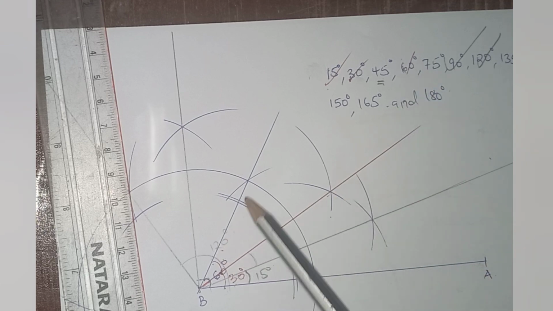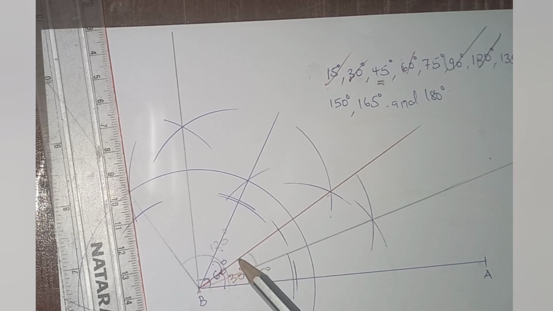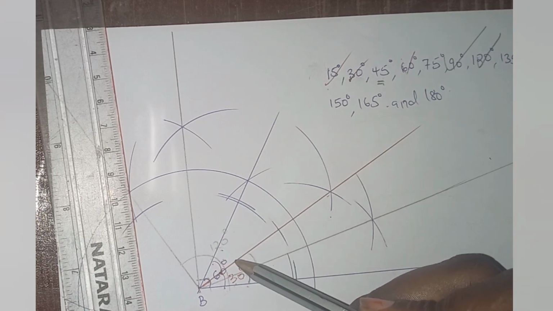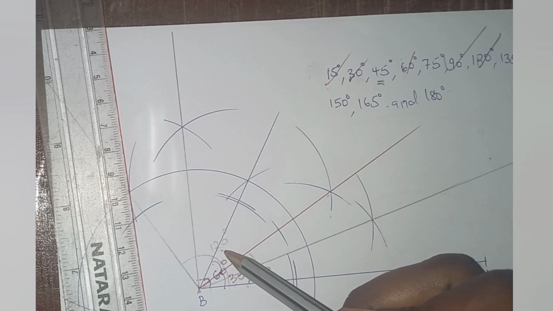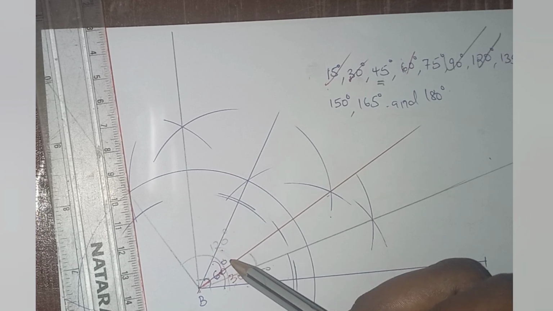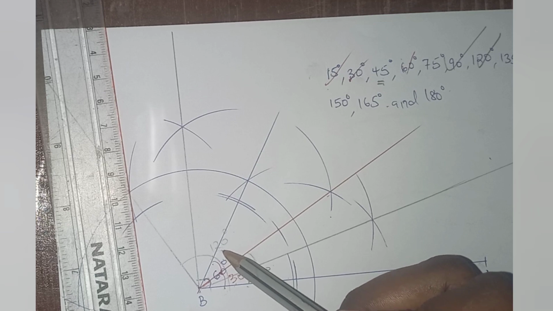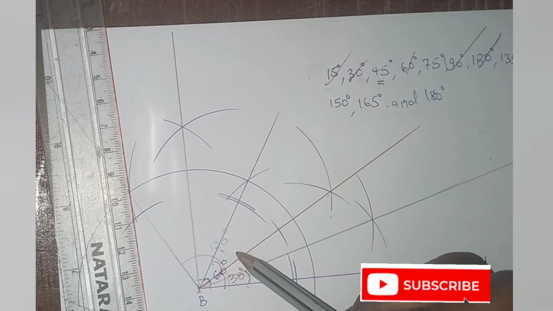Remember when this one here was 60 degrees, when you bisected this 60 degrees, you got 30 degrees, and this other remaining one was also 30 degrees. When you bisect these 30 degrees that remained this side, you will get 15 degrees and 15 degrees.